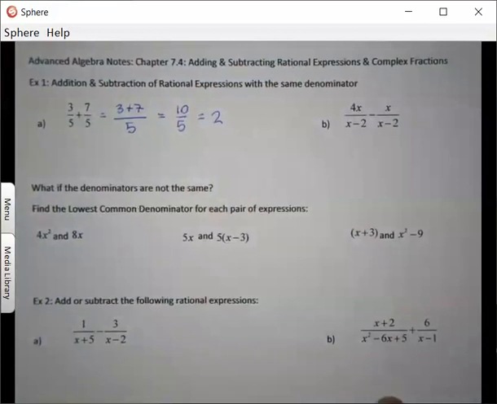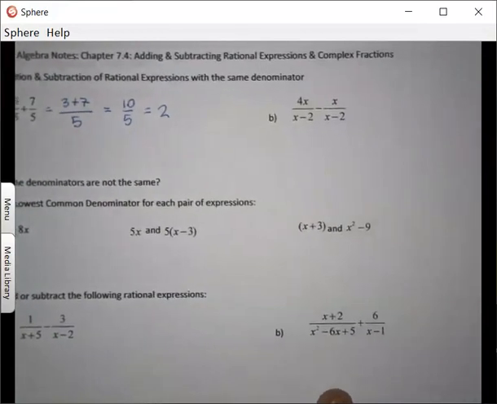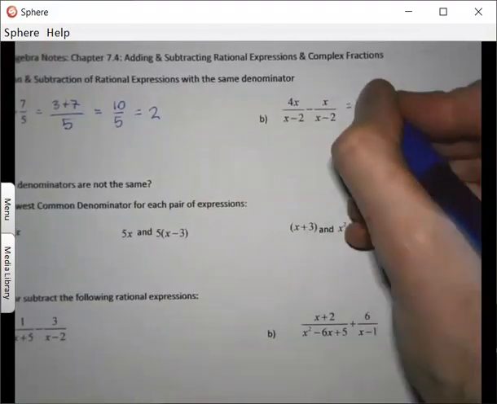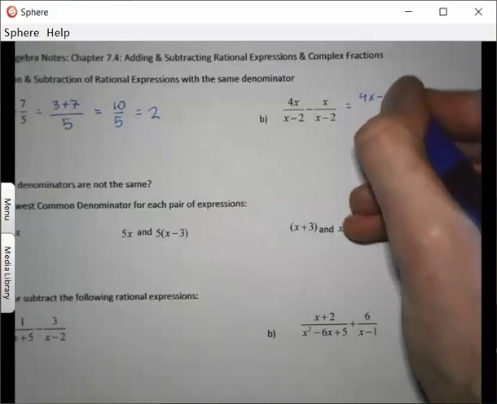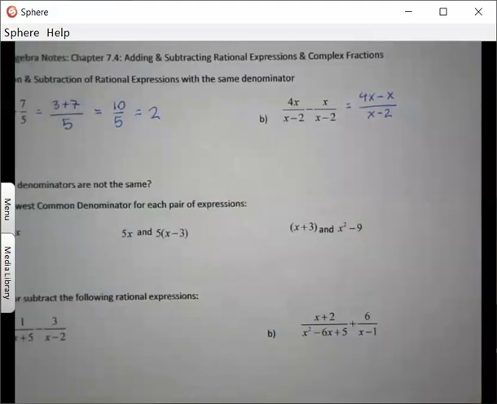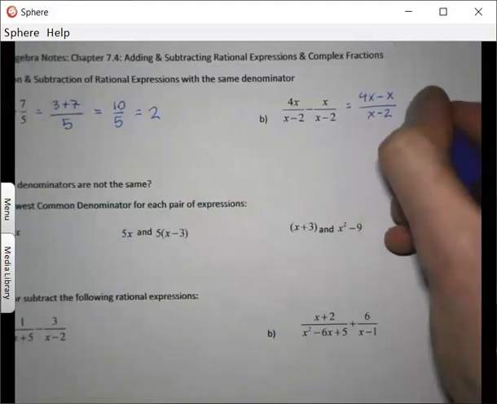Same with variables. So in B, we can see we already have a common denominator. So we can just subtract across the top. And then simplify.